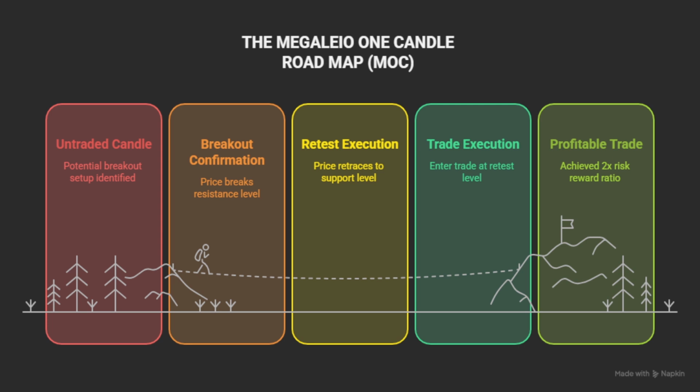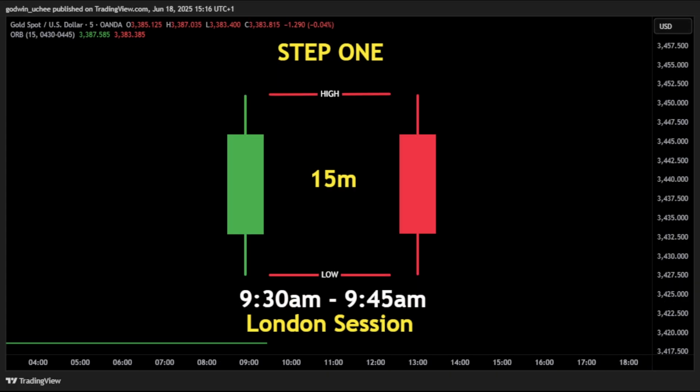Now, this is just a brief overview of everything we're going to be discussing. Right away, let's step into the main 3-step approach on how to trade the strategy. The first step is to mark out the 15-minute candle of 9:30 to 9:45 of the London session.